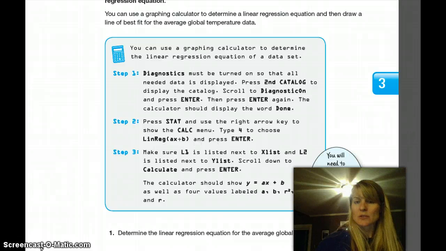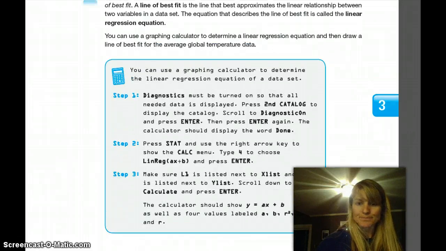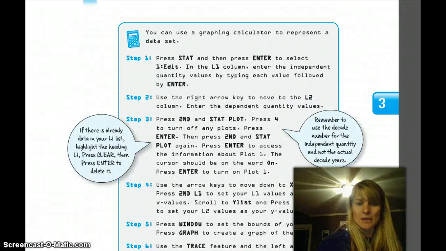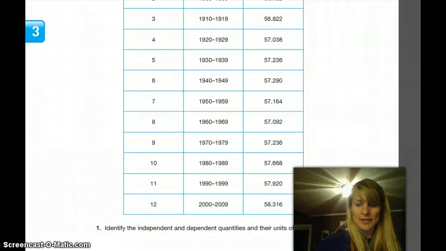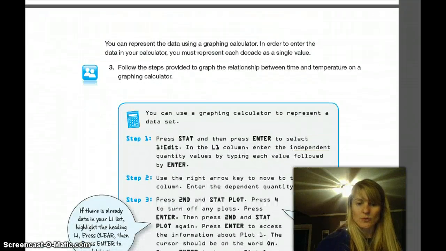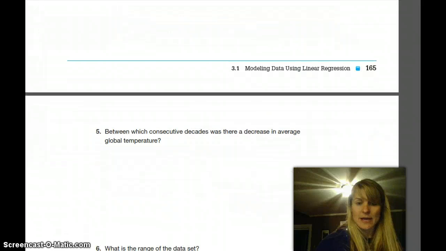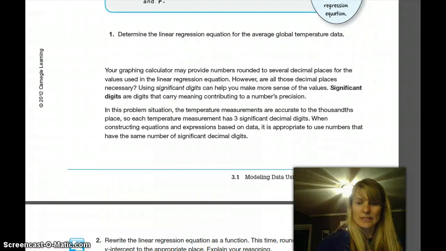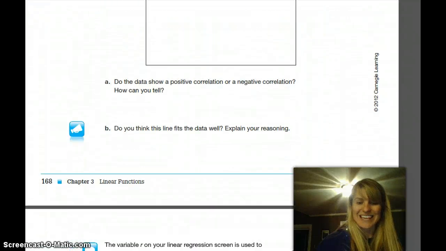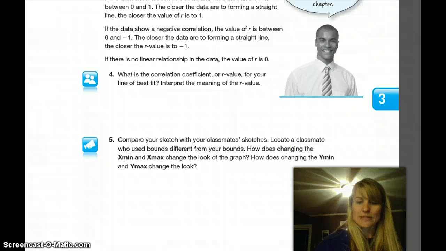When you come in tomorrow, you should have from Monday night, let's see, we started page 164, 165, 166, 167, 168, and number 4 on 169. And then the cognitive tutor is due. If you don't have the cognitive tutor completed today, it is your classwork, it will be a 0. Okay? Enjoy the rest of your day.